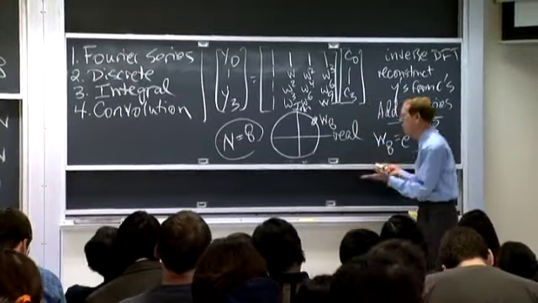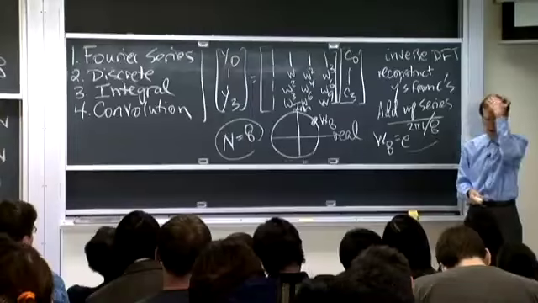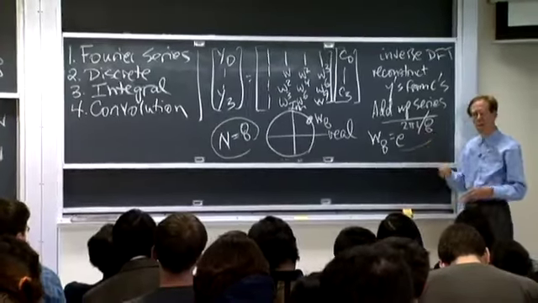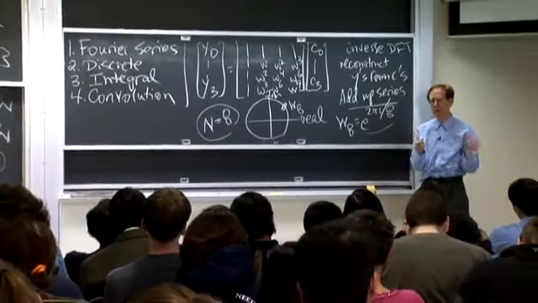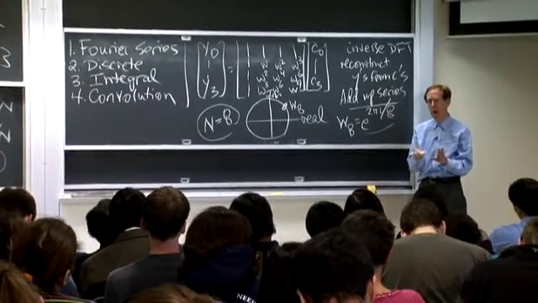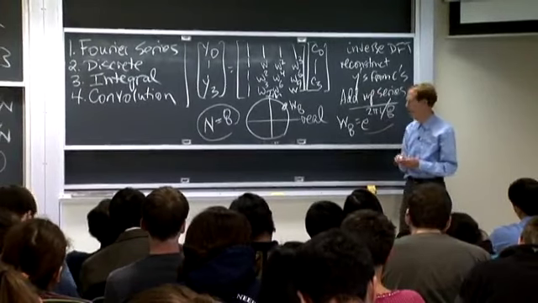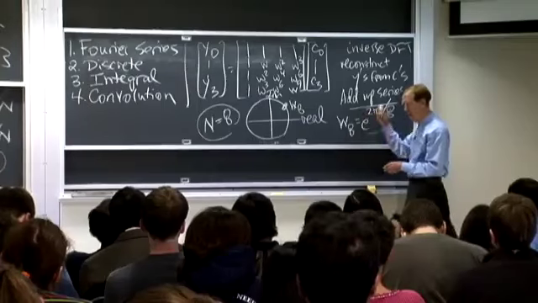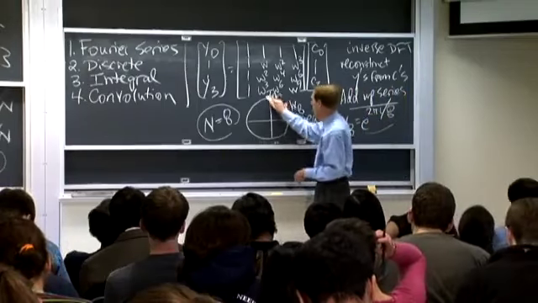When I square it, what's the square of W8? What happens to the angle when I multiply numbers? I add the exponents. If I'm multiplying by itself, it'll double the exponent, double the angle.